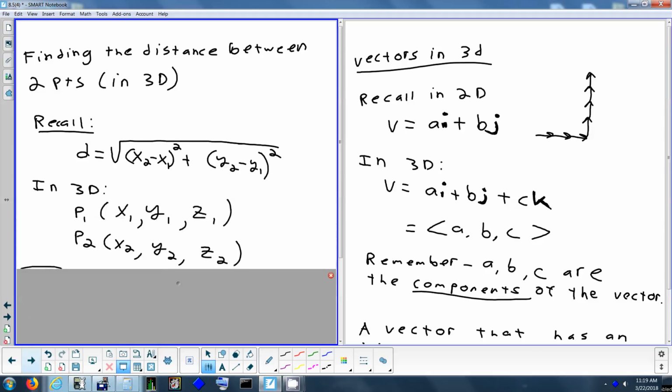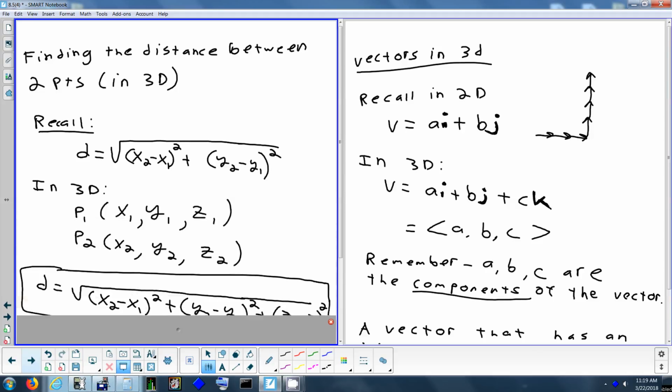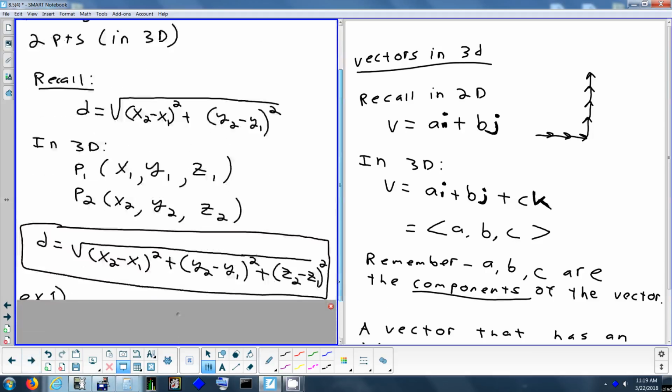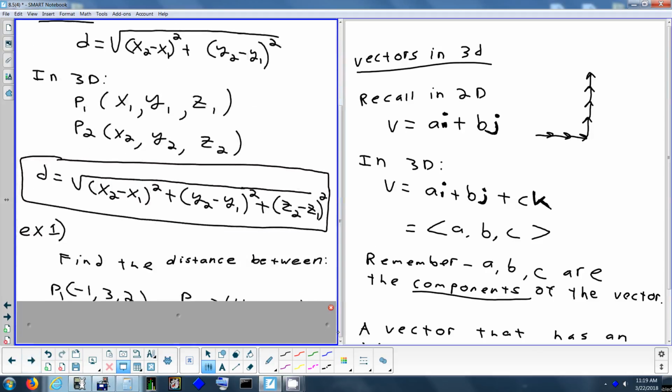The same thing in those two brackets, except z. Yeah, just a z2 minus z1 squared. So just extend it for the z's: the difference in the x's squared plus the difference in the y's squared plus the difference in the z's squared. And then take the square root of all that.